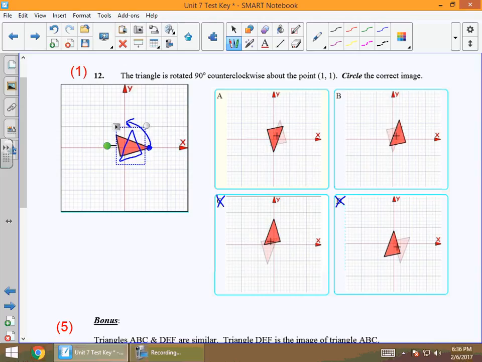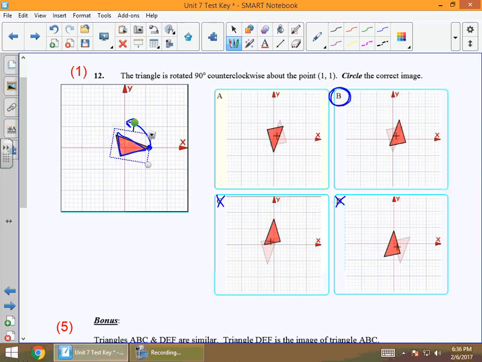I just take that, and I can turn my paper if I need to, but I kind of turn that orientation. Now, I know it's not around the center. It's around a different point, but orientation-wise, this is what I'm looking at, and that's the one that B has. B has that kind of an orientation.